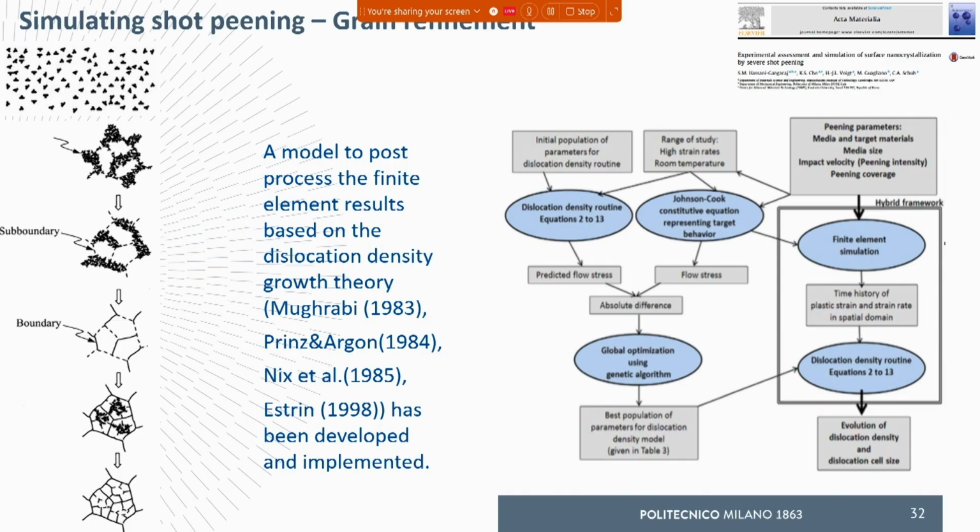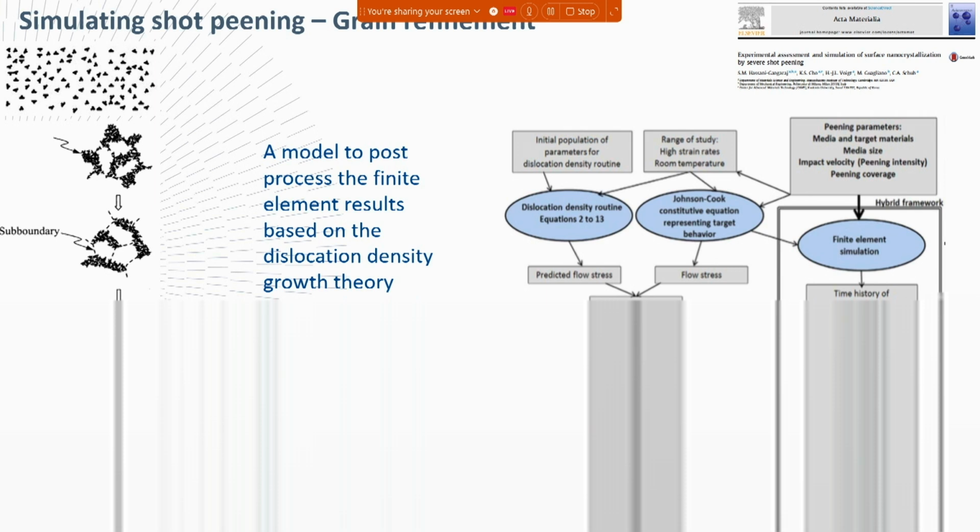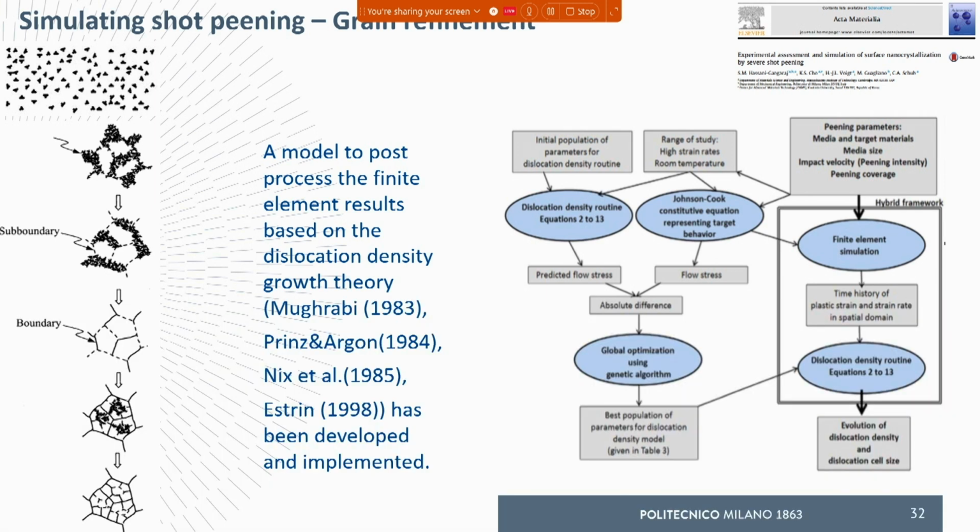In this case, it considers both finite element simulation, where we input the peening parameters, and dislocation density growth theory by Mughrabi, for having the population of dislocations.